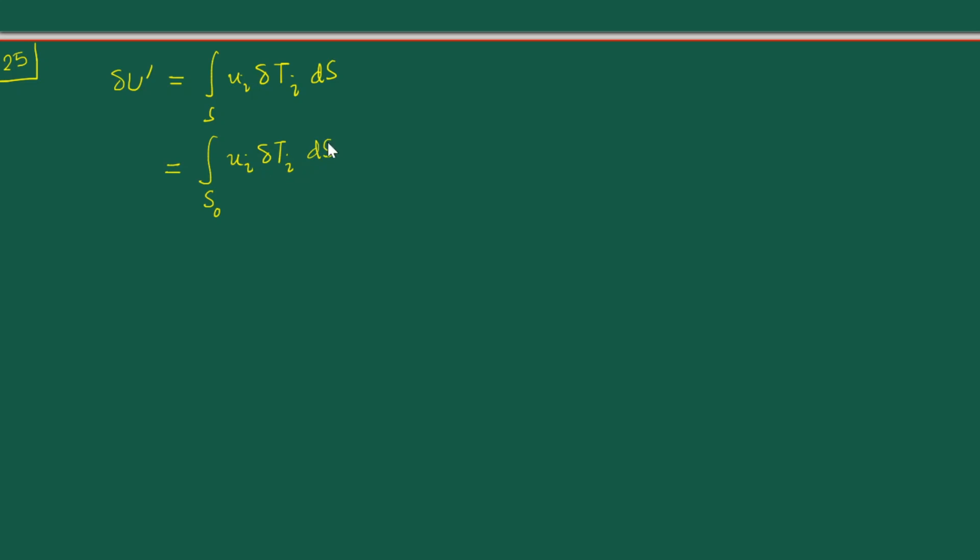But please note that the meaning of writing this Ti is that those point forces are actually generated through a concentrated distribution of some traction. You really don't have physically such a mathematically defined point force. Next, over S1 we have this ui delta ti ds, and over S2 again we have ui delta ti ds. Now we take these things.